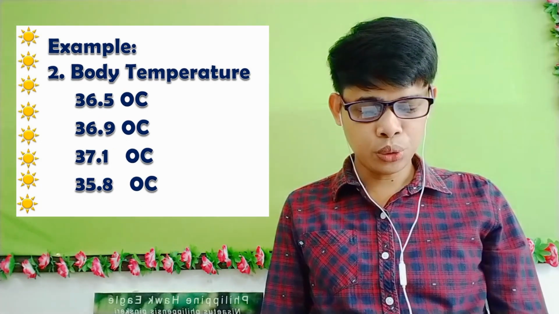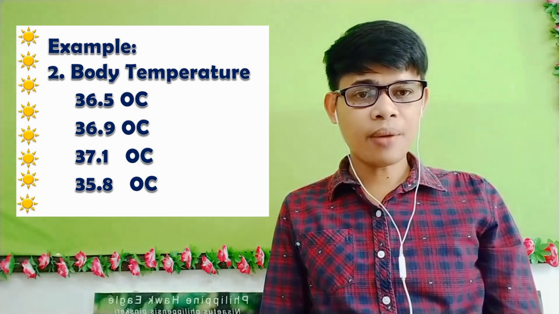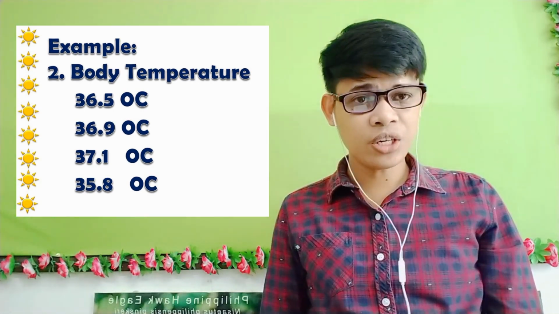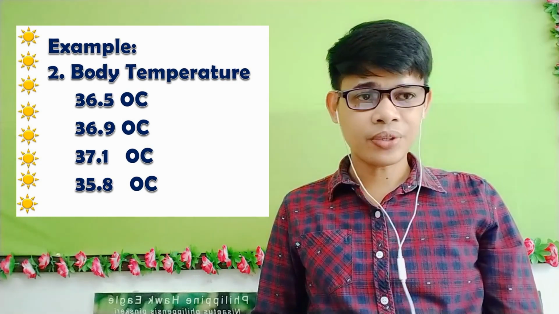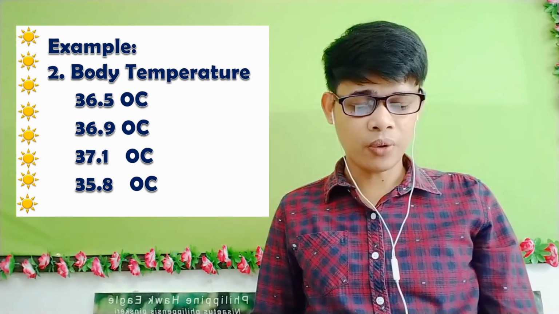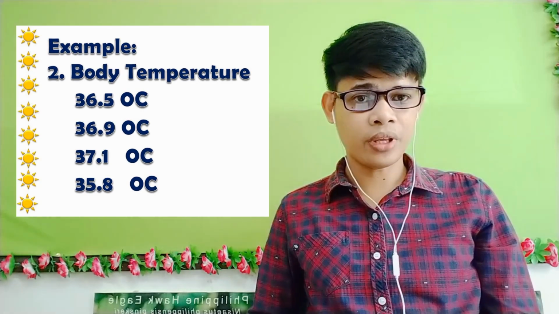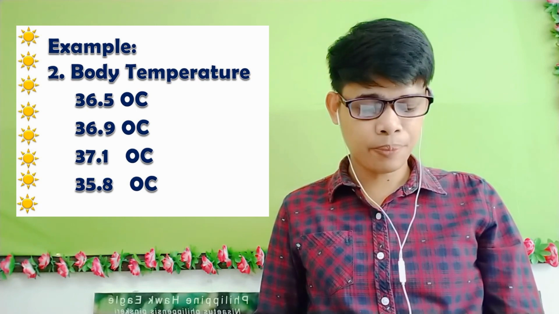Example number 2. We have here body temperature. Body temperature is considered as a variable because it is a characteristic of a person. It is our characteristic. We have our body temperature if we are dealing here with humans. And it varies from person to person.